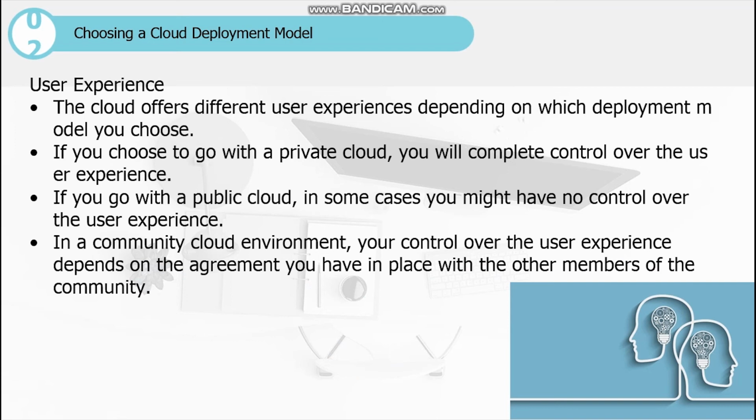This allows you to tune everything for the best performance and usability. If you go with a public cloud, in some cases you might have no control over the user experience, and in a community cloud environment, you control the user experience depending on the agreement you have in place with the other members of the community.